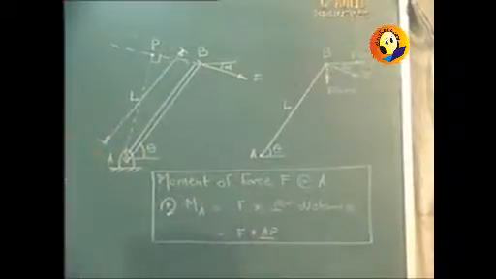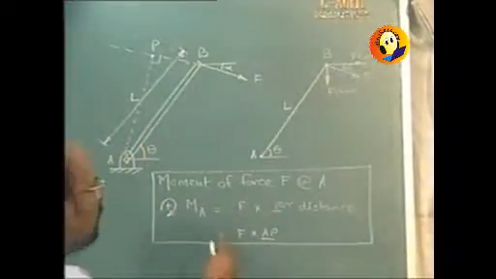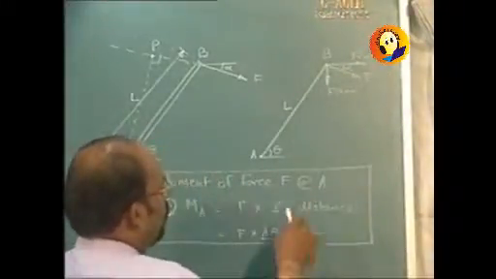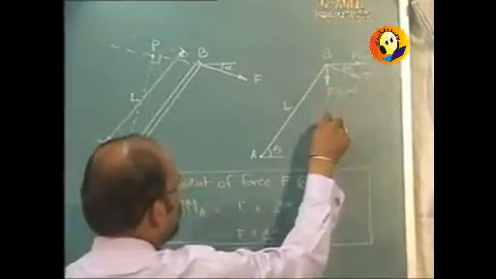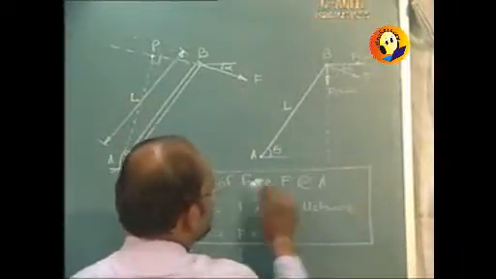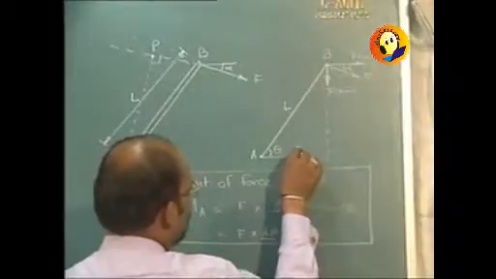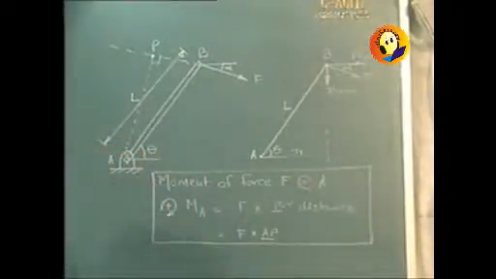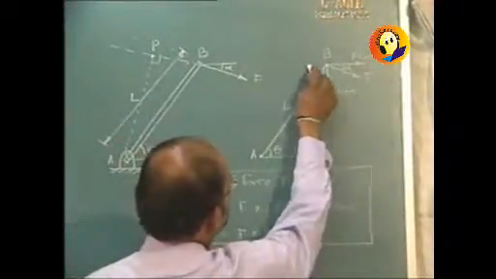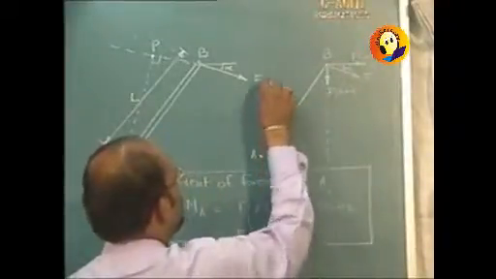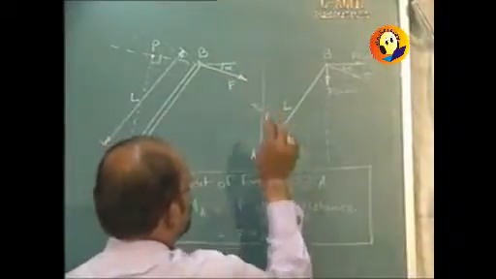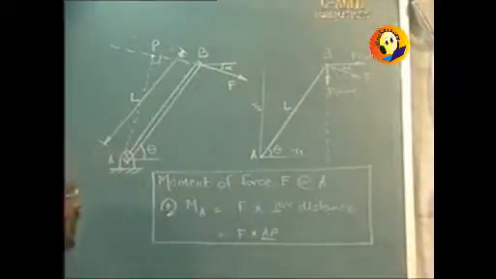And when we want to take the moment about A, then as force F has been put in the component form, we will be talking about the components of this force only and not force F. A vertical force into the horizontal distance, if I call this distance as, say, R1, will be the moment of the vertical force F sin alpha about A. And similarly, the horizontal force, which is F cos alpha, into the vertical distance, which I can call R2, will give me moment of F cos alpha.